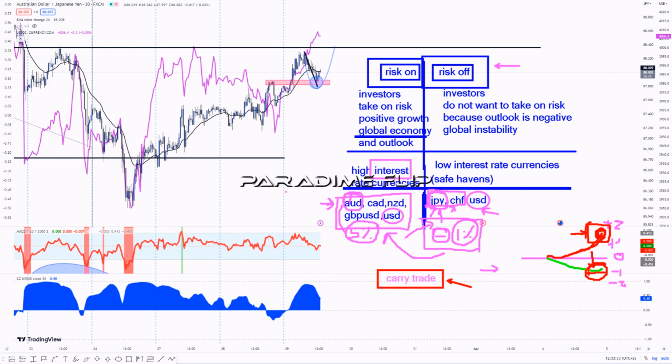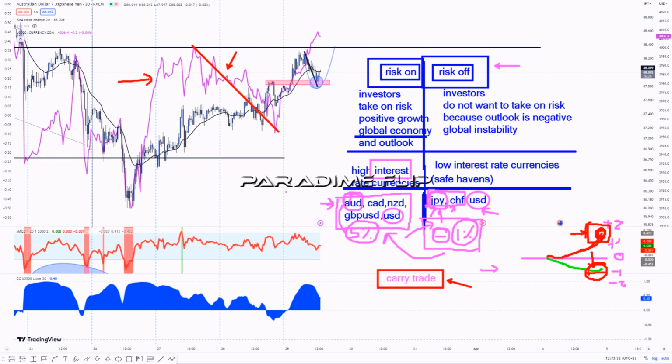Now, like we've said previously, the S&P 500 is an indicator of growth. When it's rising, it means there's growth, and it rises in a risk-on environment. When it's falling, that means there is contraction, and that is a risk-off environment.